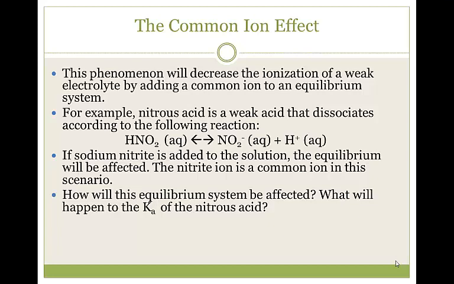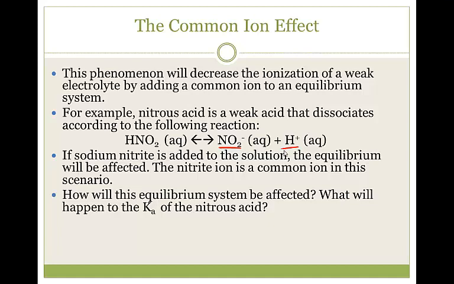If I look at the equilibrium reaction, which is an Arrhenius example because there is no water, of nitrous acid, we do see that it dissociates very weakly because this is a weak acid, and we get the nitrite ion here and the hydrogen ion here.